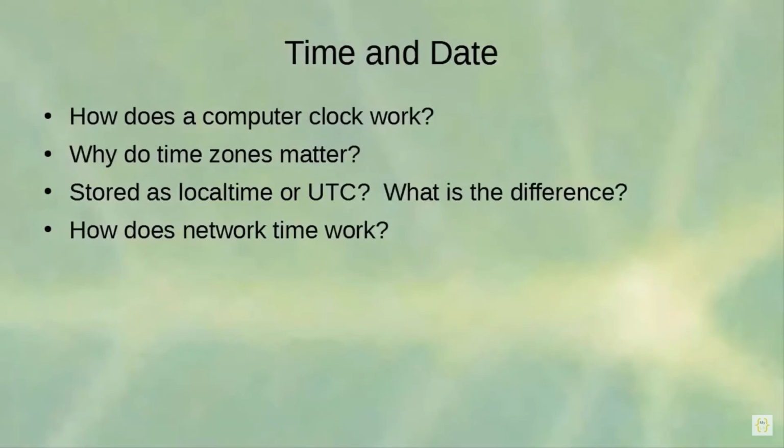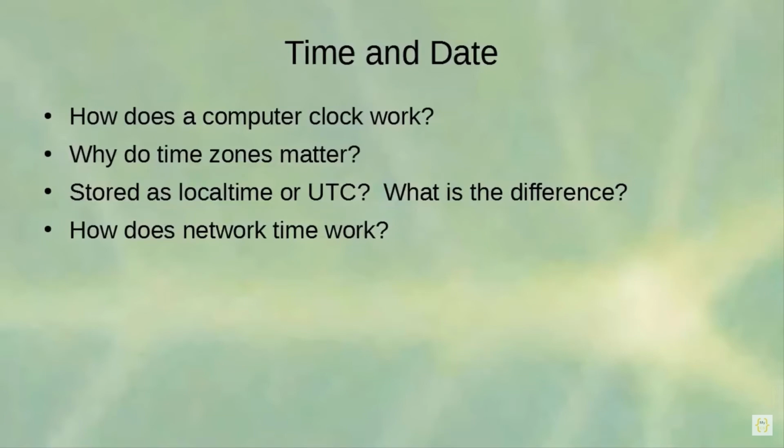Time and date. When you're doing your installation, you need to have your time and date set. So how does a computer clock work? Well, you've probably seen movies about crystals and trekking through jungles trying to find amazing crystals that'll make things work great. Really the whole idea is you're just trying to make a clock work, and so they use quartz crystals.